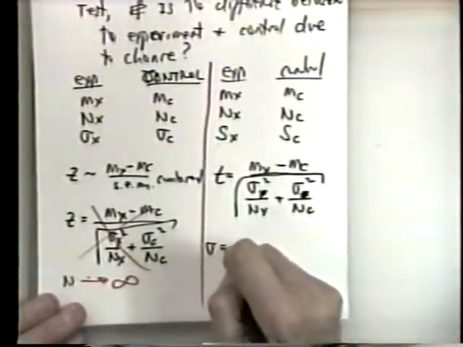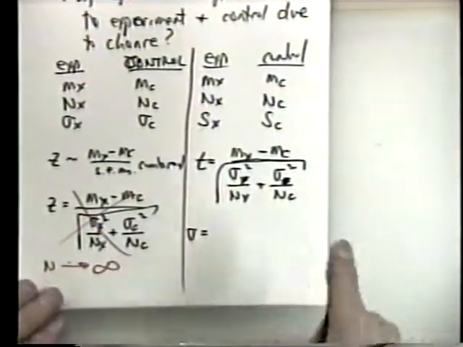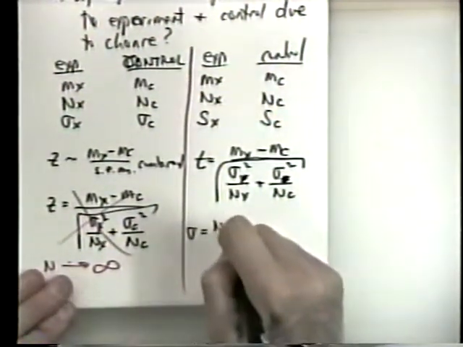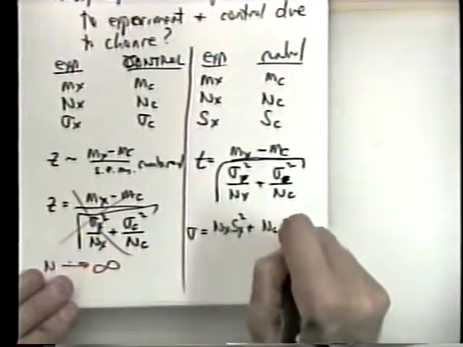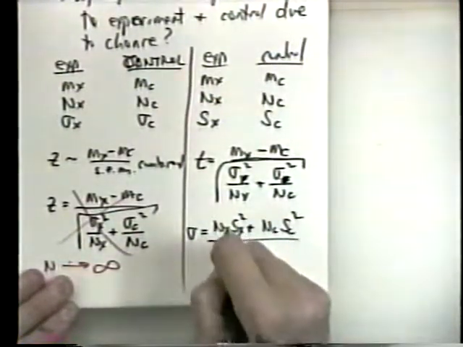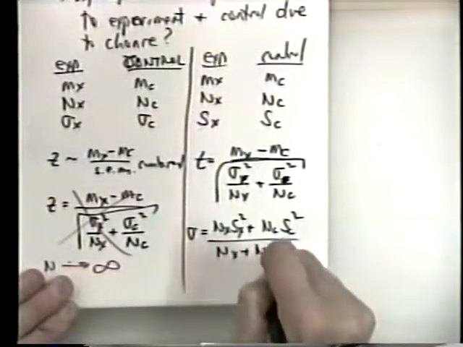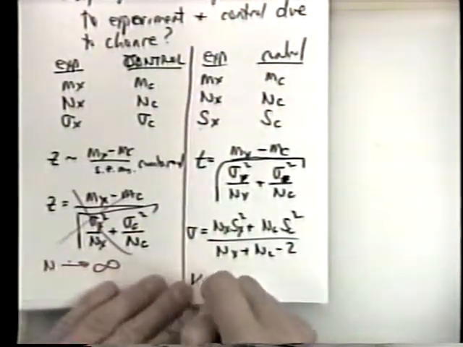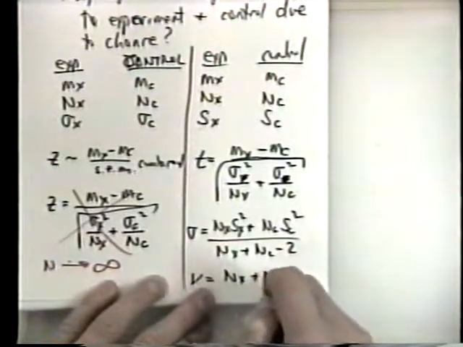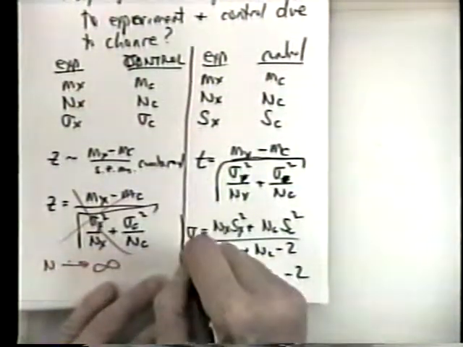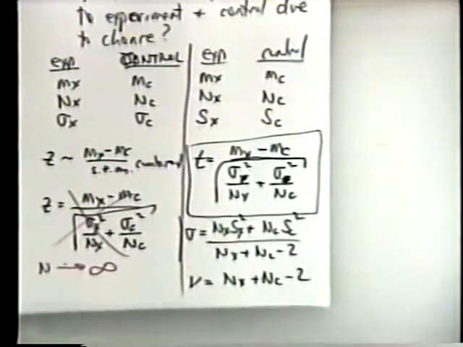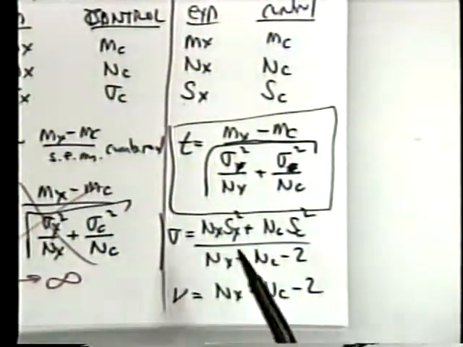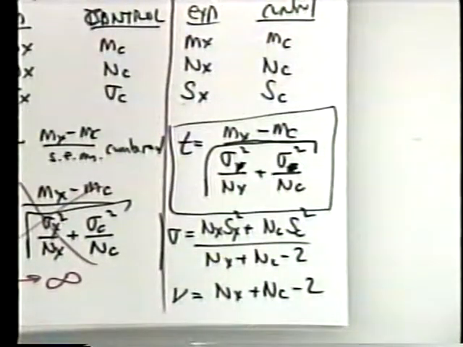Where sigma itself is the combined sigma from both, which we've seen goes like nx times sx squared plus nc times sc squared, divided by nx plus nc minus 2, where the number of degrees of freedom is nx plus nc minus 2. So this is the statistic we would use with this number of degrees of freedom. And if I have made a mistake in this, it's in Spiegel's book. So I think this is correct.